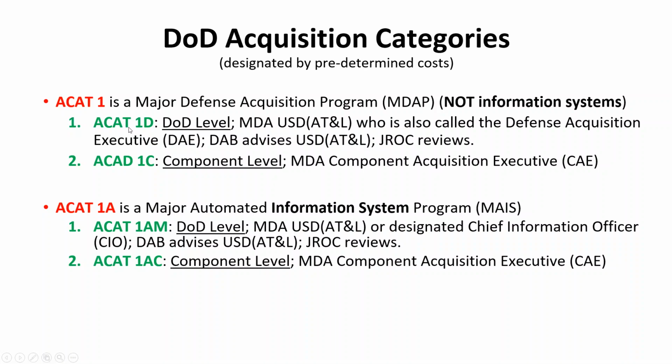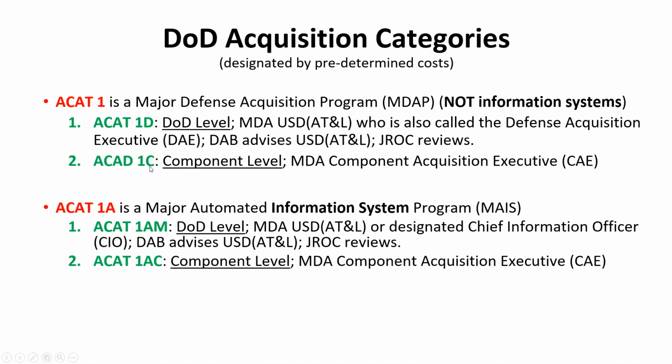When it comes to all of this in the acquisition system, remember the JROC continues to review. And who is the chairman of the Joint Requirements Oversight Council? The vice chairman of the Joint Chiefs of Staff. The second acquisition category 1 for major systems is 1 Charlie.